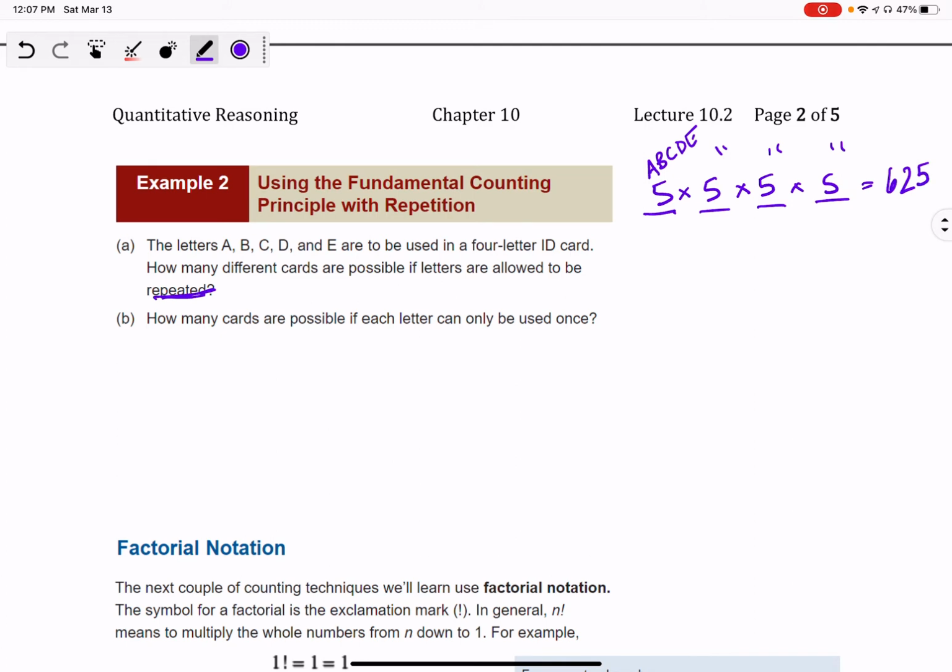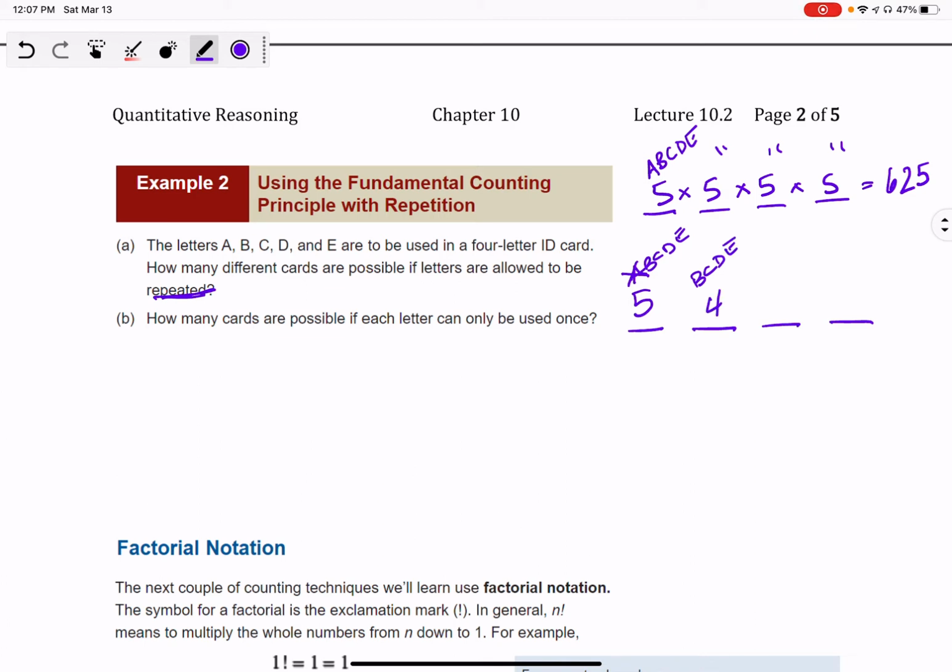Now the second part says how many cards are possible if each letter can only be used once. We're still in the same thought process of a 4-letter ID card. However, the first time we have A, B, C, D, or E, that's 5. We take one away because we can't use that one again.